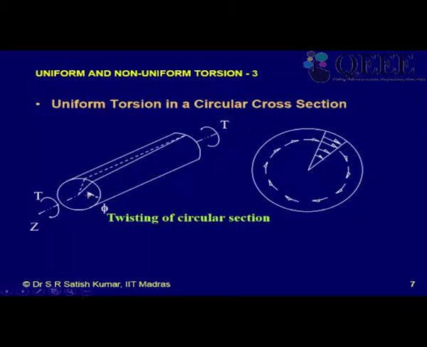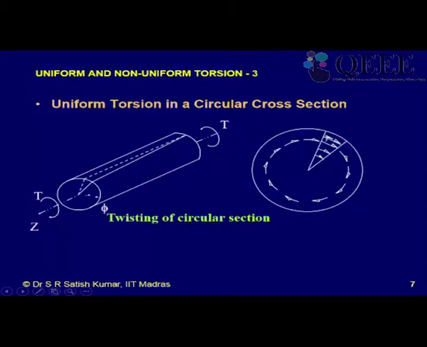So the two ends of this segment of a member will remain plane, even after twisting, and the effect of this overall twisting moment that is applied is resisted by internal shear stresses which go in a circular manner, and they are zero at the center and they are maximum as you go away from the center.